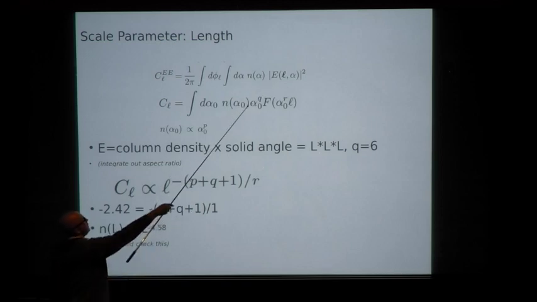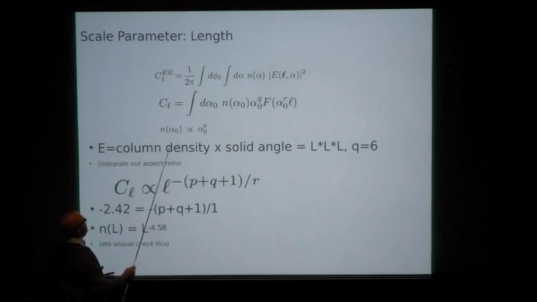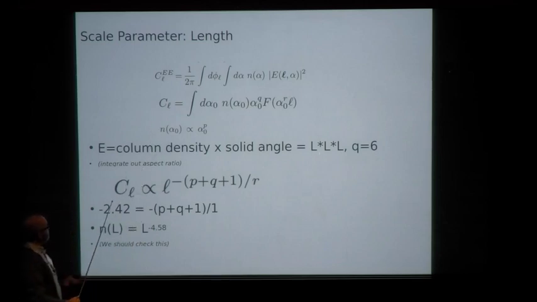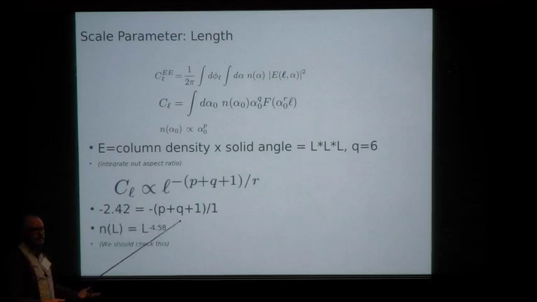So P here, Q here will go like alpha to the length to the 6th. And I know what C_L needs to be. C_L has to scale like L to the minus 2.4. That's what the sky tells us. So this tells me that the number of filaments has to scale like L to the minus 4. This is something that we need to go check.